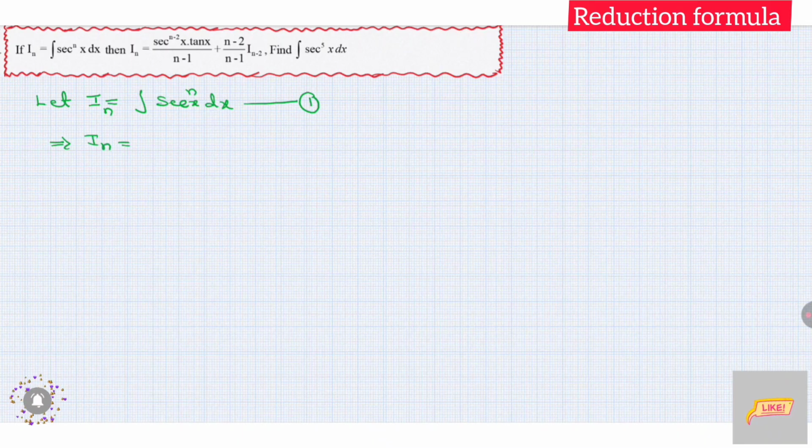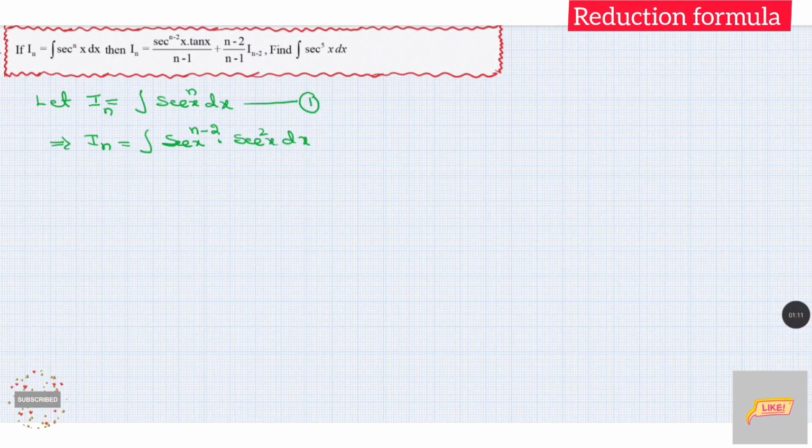Next, I_n is equal to integration secant x power n minus 2 into secant square x dx. Here, secant x power n is written in terms of secant x power n minus 2 and secant square x.